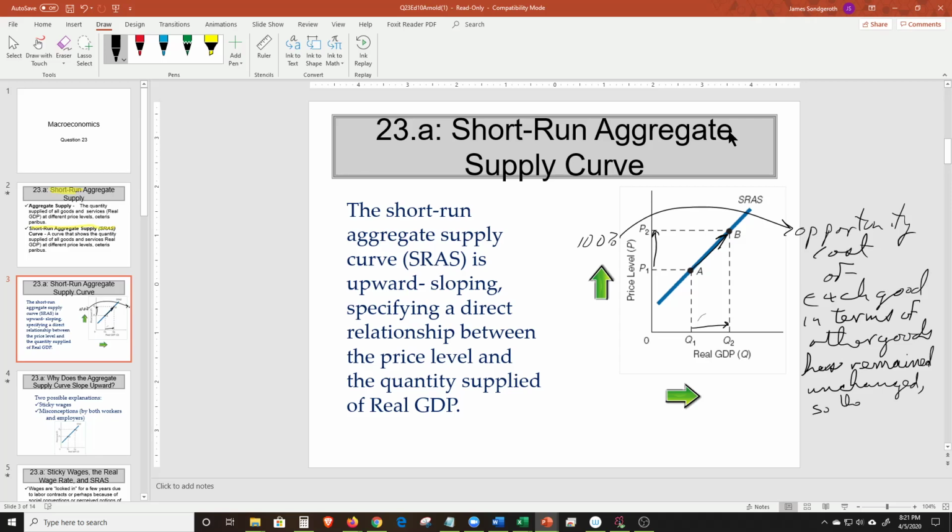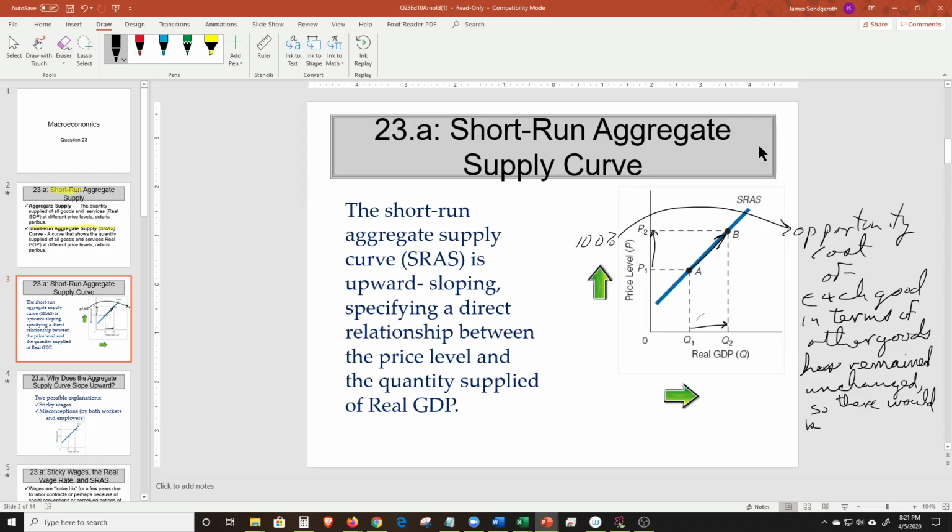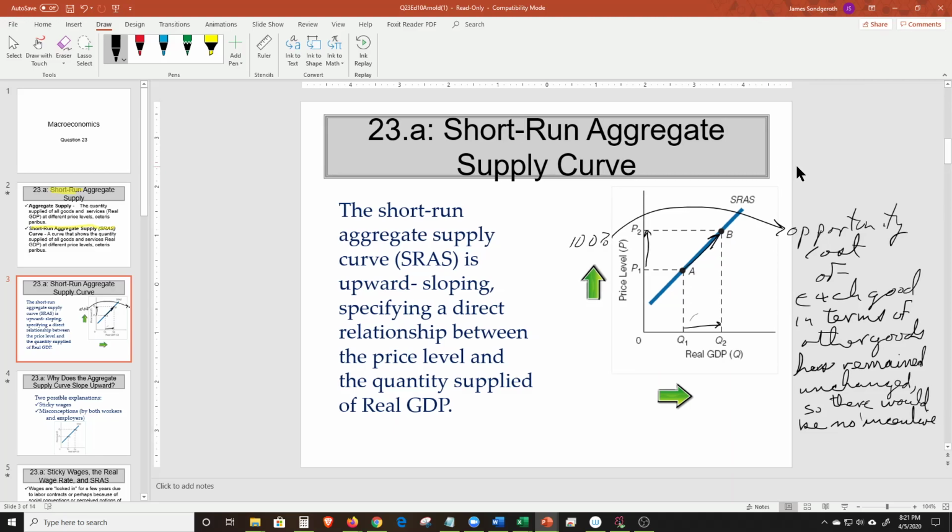So there would be no incentive to produce more or less than before.